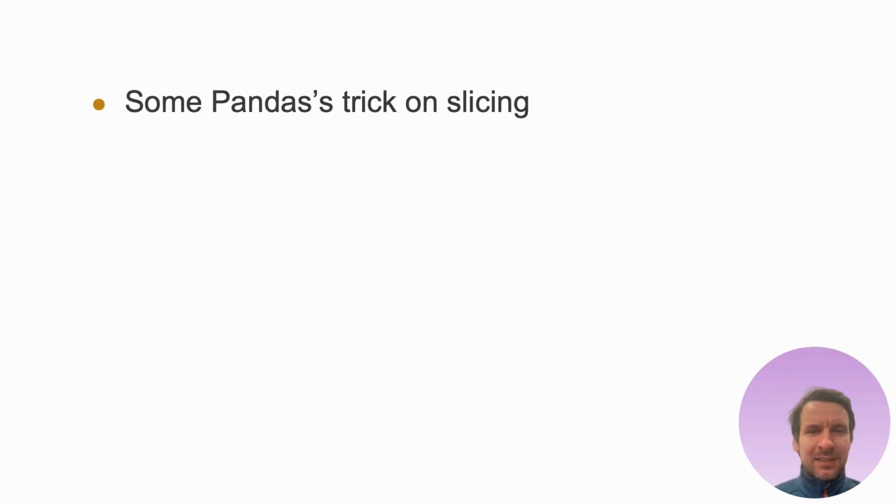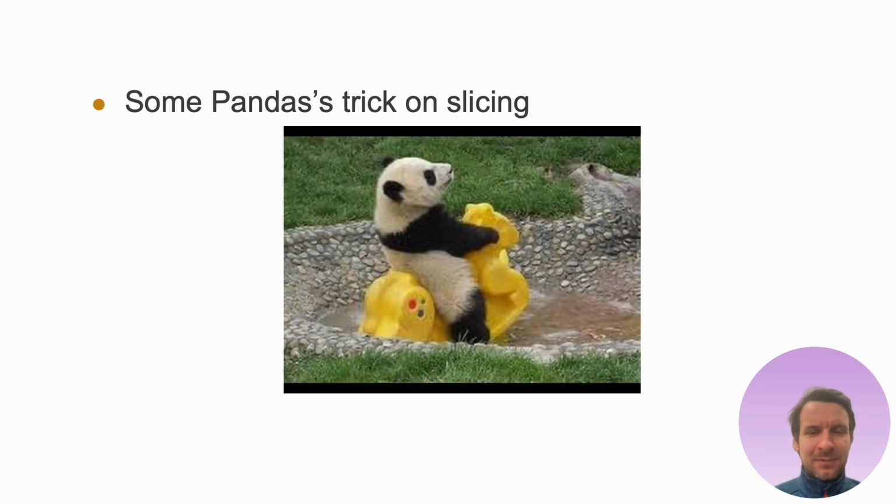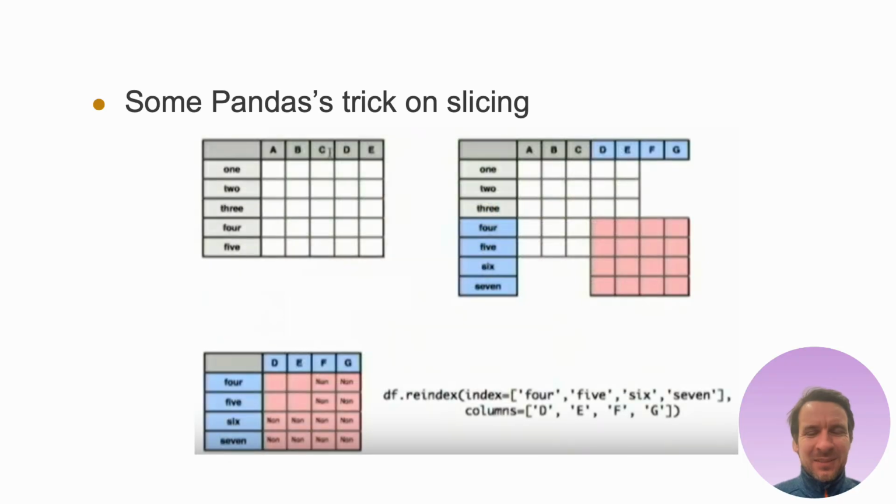Pandas has tricks on slicing. So here is what you can do: you have a big data frame, and you would like to have a subset of it, right? So I have a data frame, and I would like to pick some columns from it, maybe including columns that do not exist, and rows, maybe including rows that do not exist.